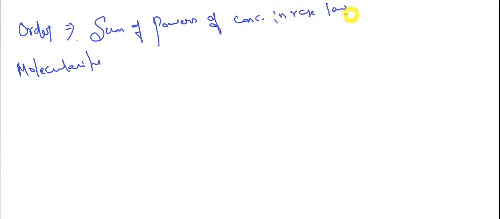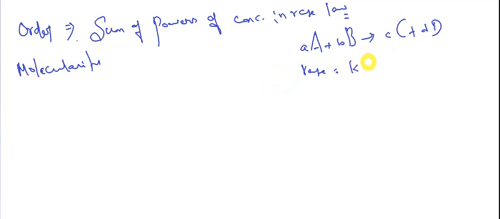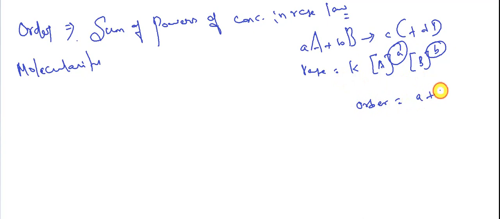For the equation aA plus bB gives cC plus dD, the rate is written as rate constant into concentration of A to the power a, concentration of B to the power b. So what is the order of this reaction? It is the sum of the powers of the concentration terms in the rate law, that is, order equals a plus b. This is the order of the reaction.